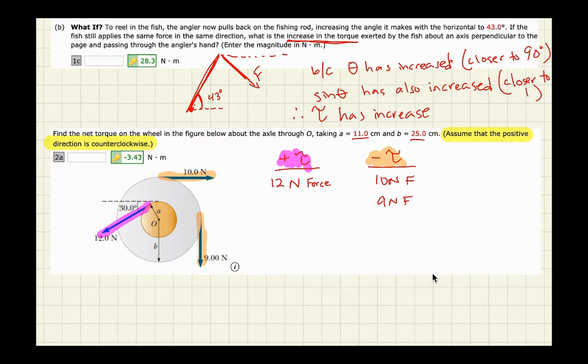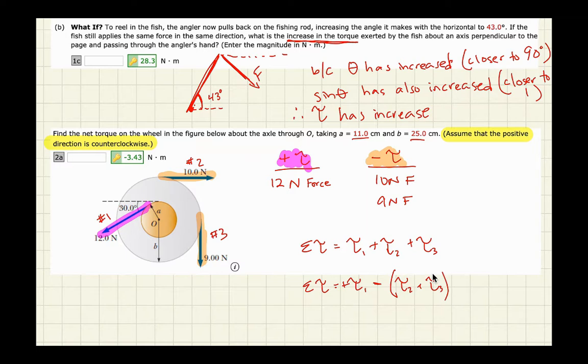Okay, and we're asked for the net torque. Well, net means sum of all, so that would be torque 1 plus torque 2 plus torque 3. And let's label this as number 1, number 2, and number 3. Now, because of the directionality here, my T1 is going to be positive. So the net torque will be torque 1, and that's positive. We're going to subtract torque 2 plus torque 3.